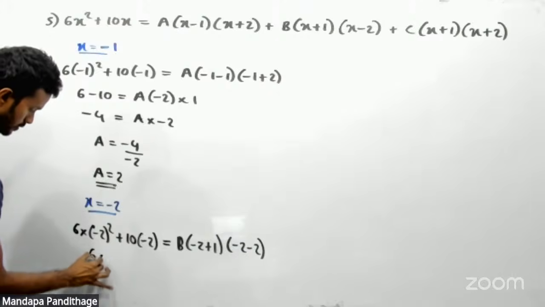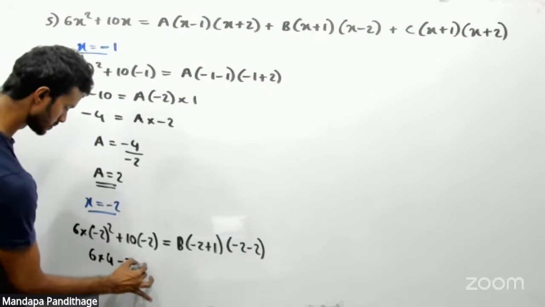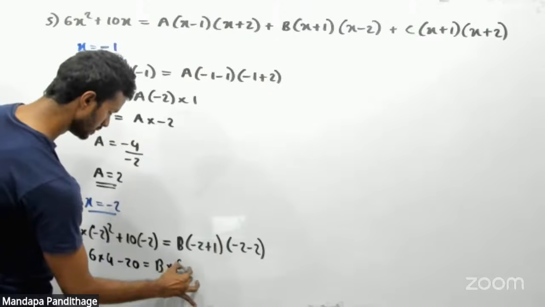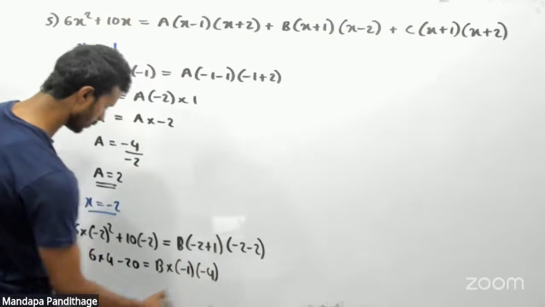So then 6 into 4 minus 20 is equal to b into minus 1 minus 4, which is 4.